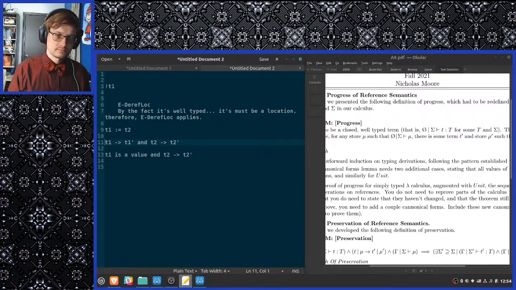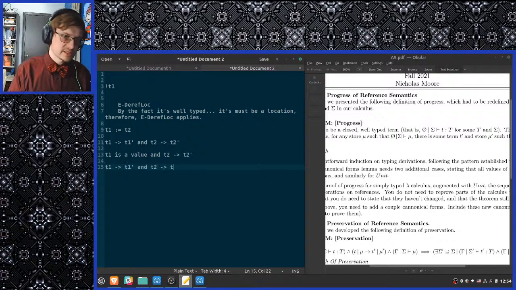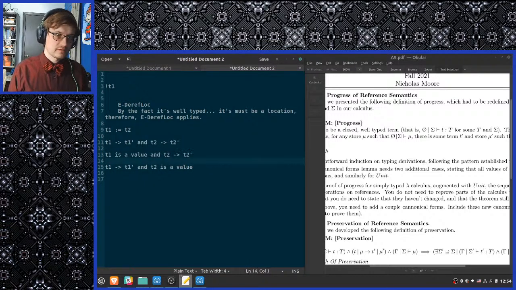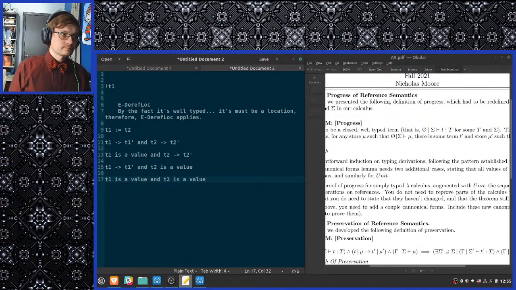Or T1 evaluates and T2 is a value. Or in fact the case where both of them are values.